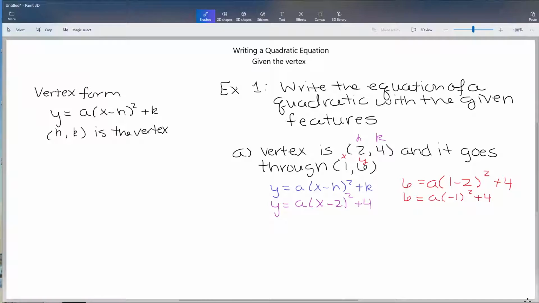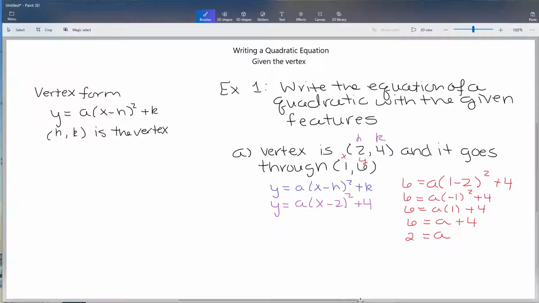Okay, and then I'm going to do negative 1 squared, and that's 1. Okay, and then a times 1 is just a. So the first thing I'm doing is simplifying inside the parentheses and simplifying that square. Okay, and then I can subtract 4 from both sides to see what a is. So 6 minus 4 is 2. Okay, and that's my a value.